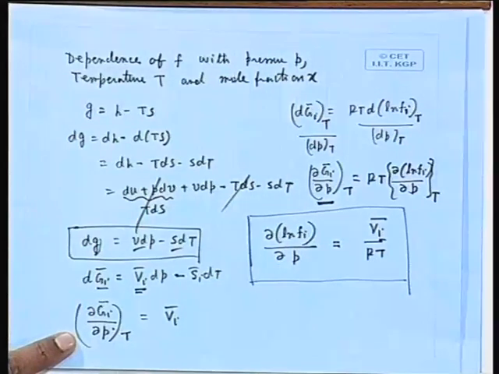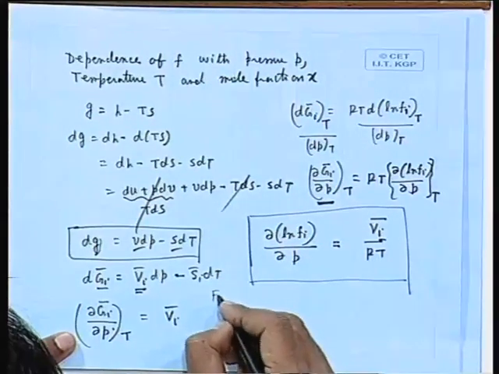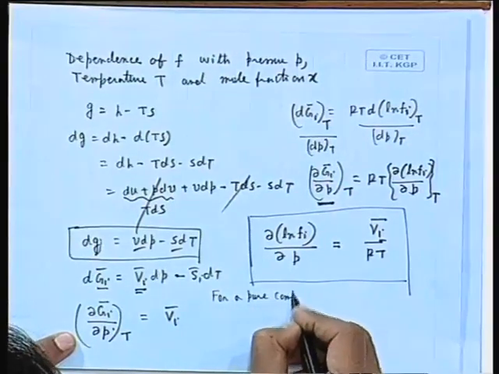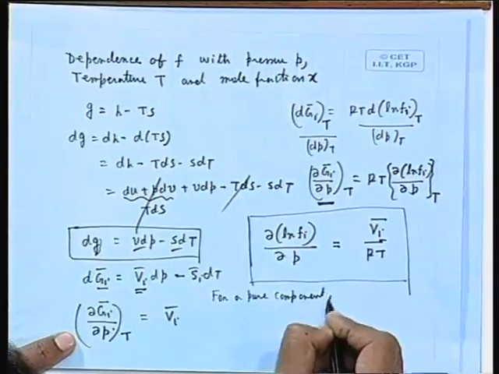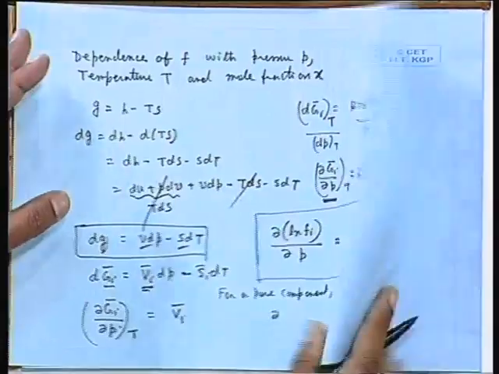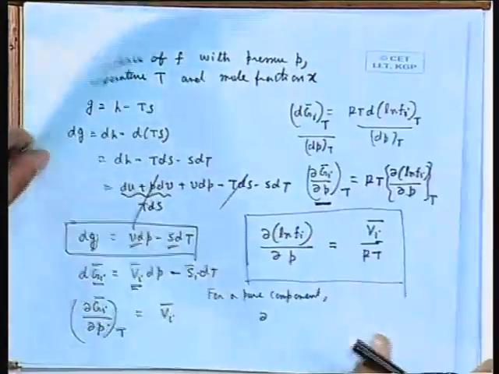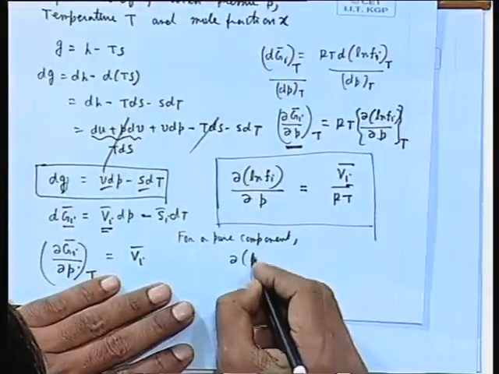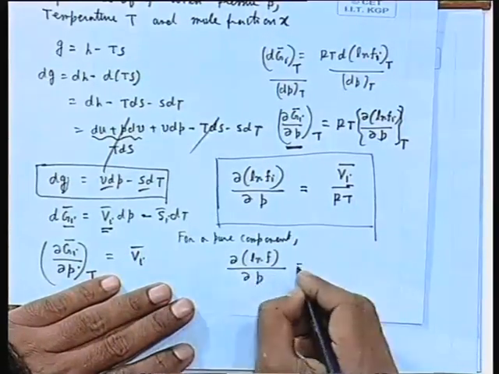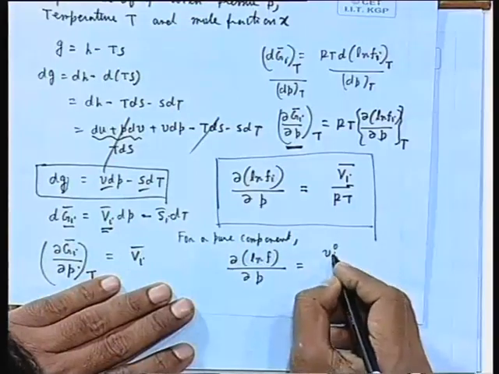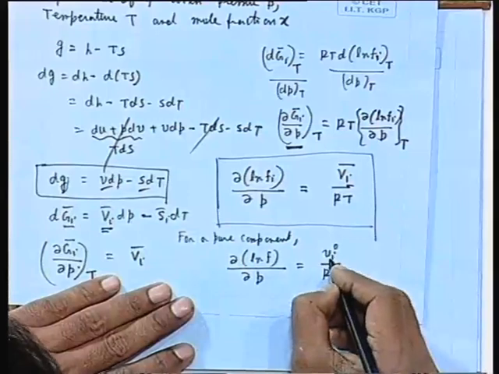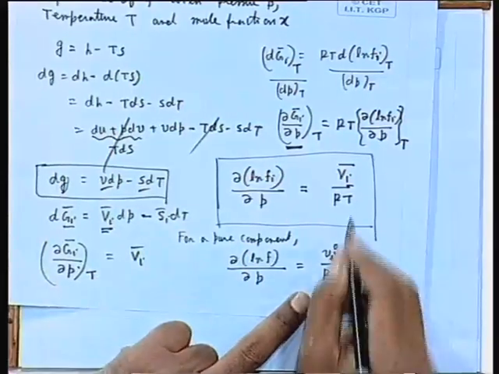Now for a pure component the counterpart will be ∂ln F, that means the fugacity of the component, ∂P is simply Vi. Sometimes I write 0 on the subscript, which means the ith component as a pure component.